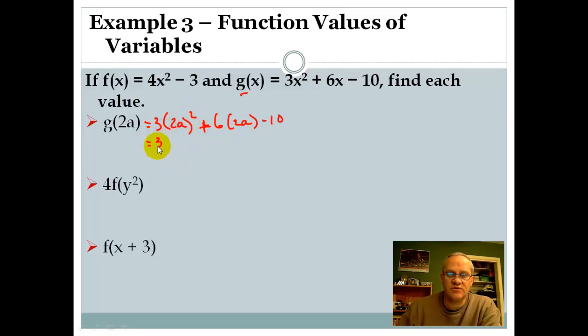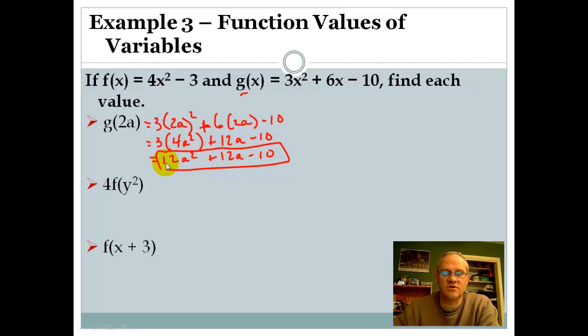So this is really 3 times 4a squared plus 12a minus 10. And then here when we multiply this, 3 times 4 is 12. So we have 12a squared plus 12a minus 10. Okay, so that's all we're doing there, just plugging in for x, in this case the 2a.